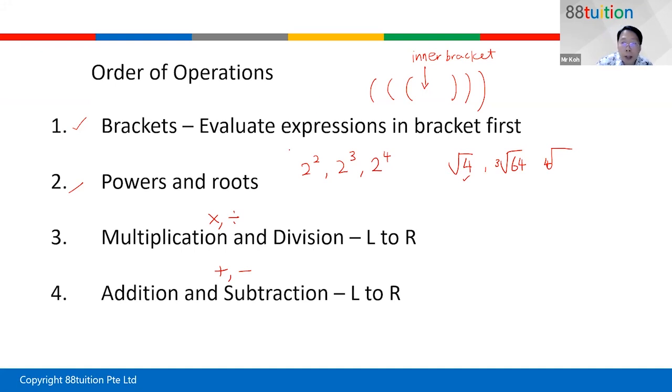Basically, the definition of a rational number is a number that can be expressed as A over B, where A and B are integers, and of course B is not equal to 0. Then it is considered a rational number.